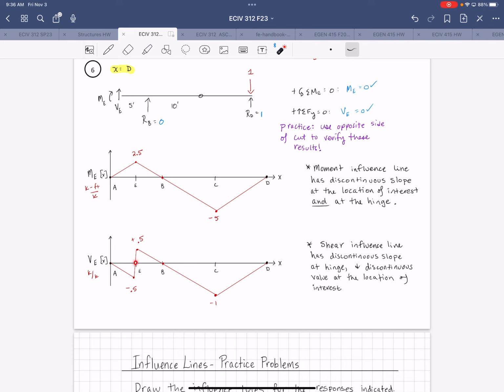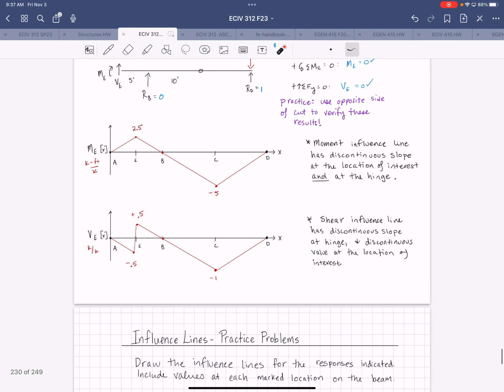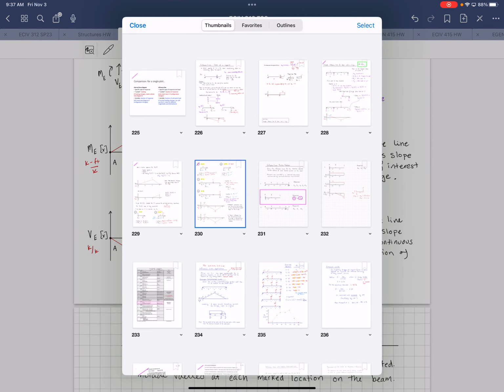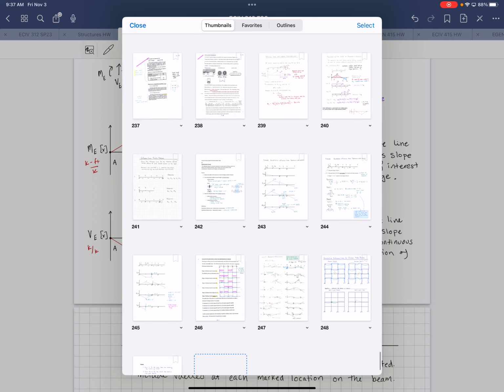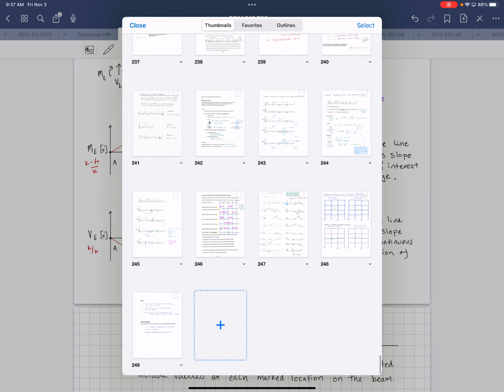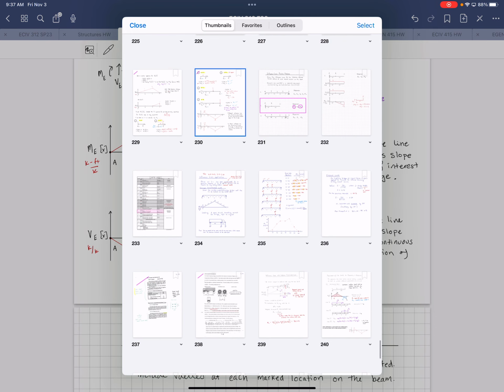For shear at the location of interest, you have discontinuous value, continuous slope. All right, so that's a little background information on this influence line and where it came from. So going back to our current set, where is that? Here we go.